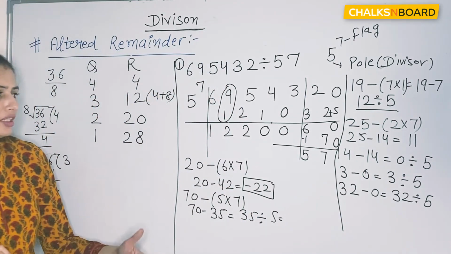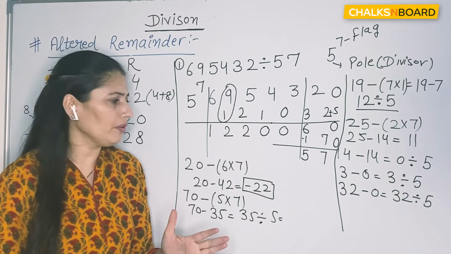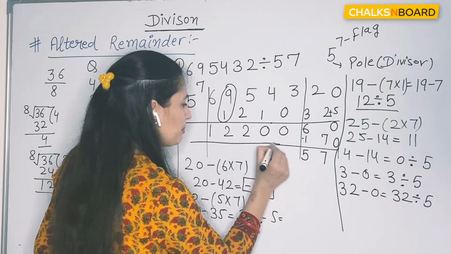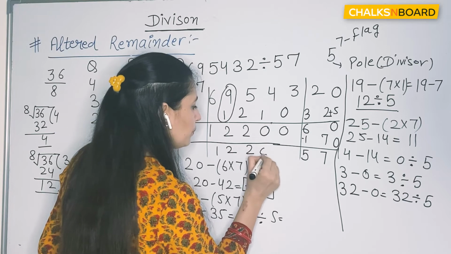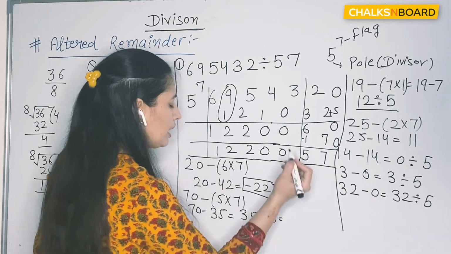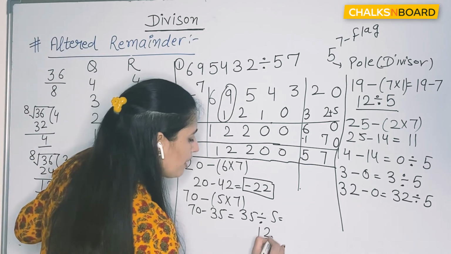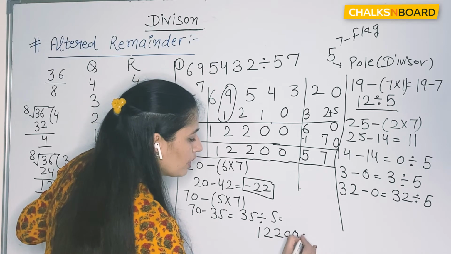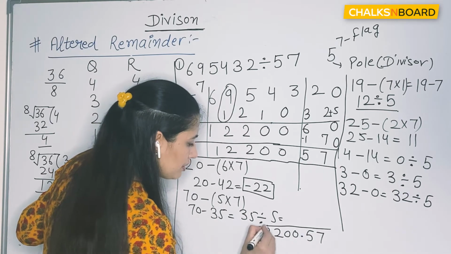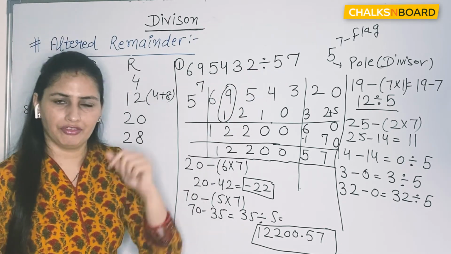So if you want, you can continue this process, and if you want you can stop here and the other numbers will be the same, that is 1 2 2 0. That means your answer is 12,200.57. So this is our answer when we divide this number by 57.